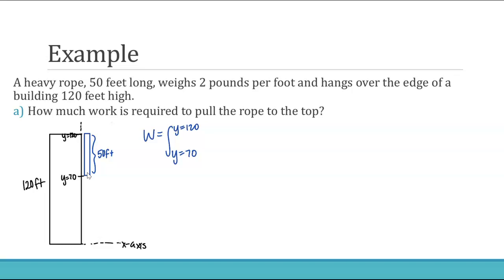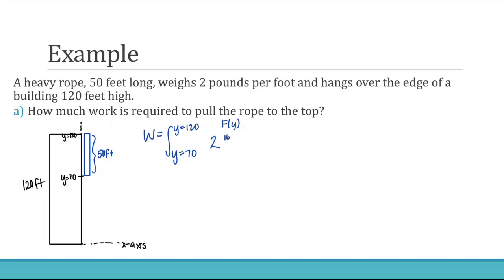So now let's think about what this force function is going to be. This is going to have to be a function of y, because I made my limits of integration y values. Again, I thought about this as the x-axis and the y-axis. So what is this force function going to be? Well, it's dependent upon the weight of each foot of rope, so here we're going to have that 2 pounds per foot included.